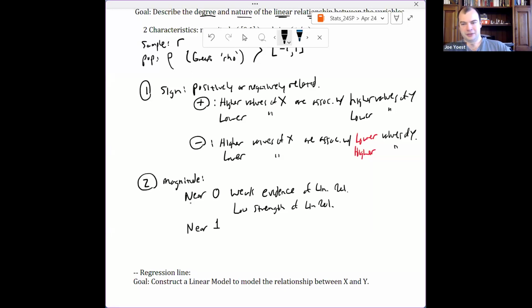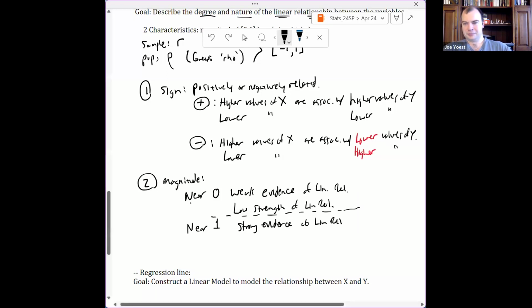On the other hand, if the magnitude is near 1, that suggests strong evidence of a linear relationship, or a strong linear relationship between the two variables.